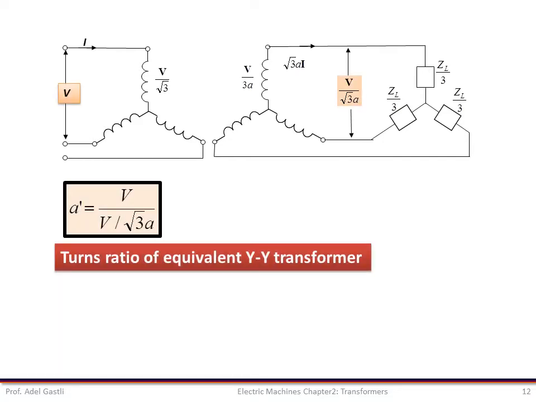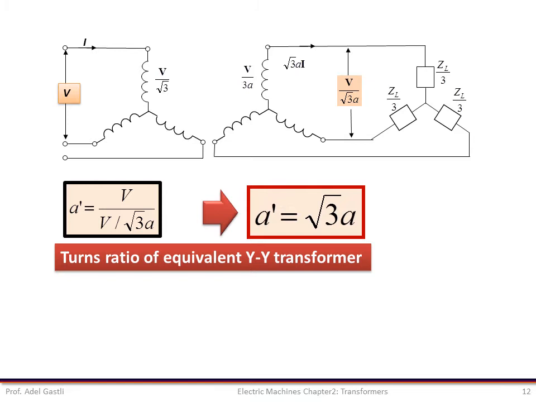Now, the equivalent turns ratio A prime of this equivalent YY transformer is obtained by dividing the primary input voltage V by the secondary output voltage V over square root 3 A. Therefore, the turns ratio A prime for the equivalent single-phase transformer, which is the ratio of the line-to-line voltages on the primary and secondary sides of the actual transformer bank, is equal to square root 3 multiplied by the turns ratio A of the single-phase transformer.